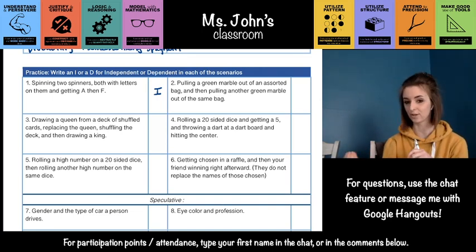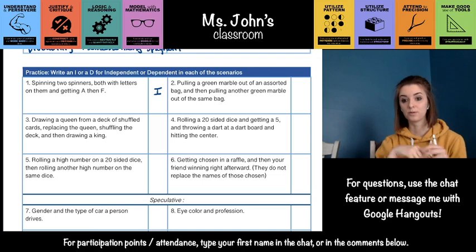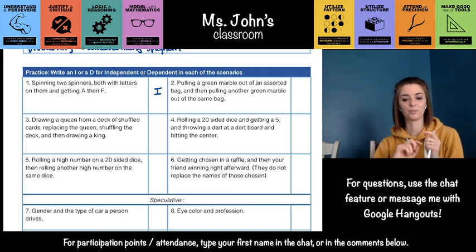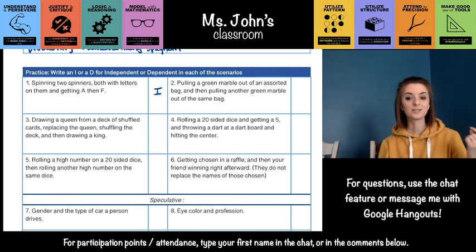Because you have just lowered the probability by taking out a green marble. Hopefully that makes sense. Because there used to be one more green marble, so the probability was higher the first time you drew a marble. So those two things actually depend on one another.